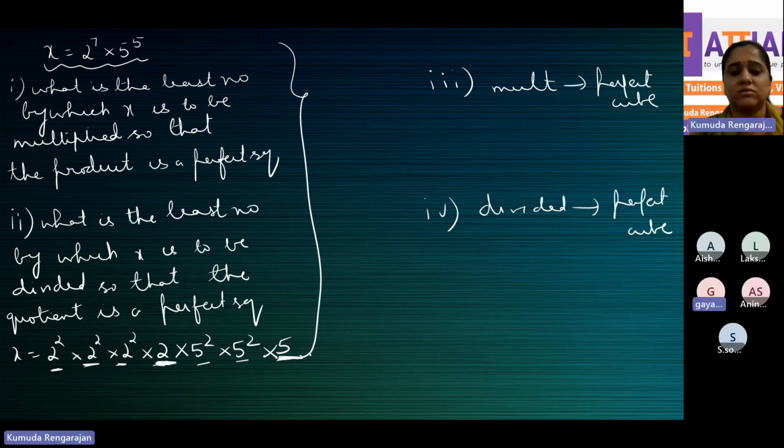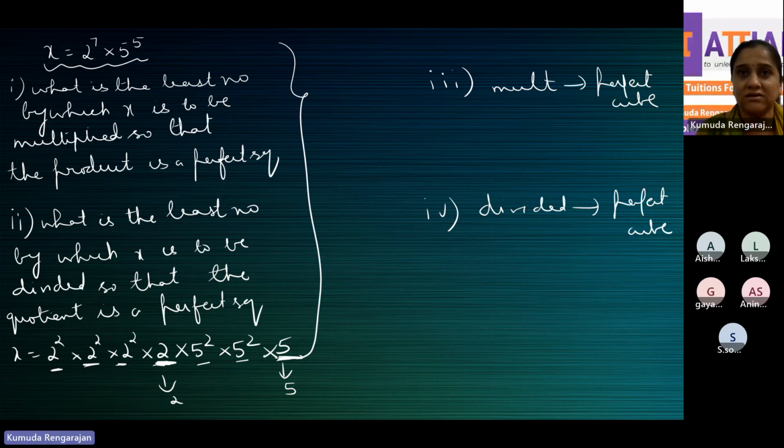How will 2 become 2 square? You need one more 2. And how will 5 become 5 square? Another 5. So what is the smallest number? 2 5s are 10. So X should be multiplied by 10 so that the product is a perfect square.